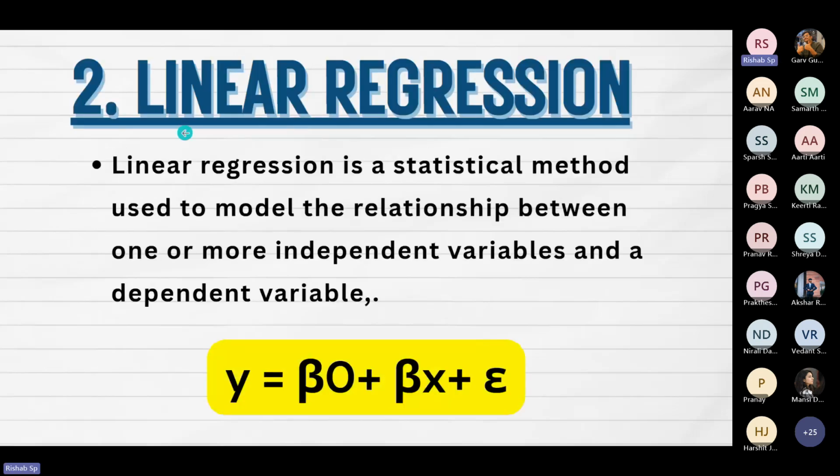Linear regression. We have already discussed this, but still, for linear regression, there will be a dependent variable and an independent variable. Let's assume the independent variable is temperature. As temperature increases, sales will drop.